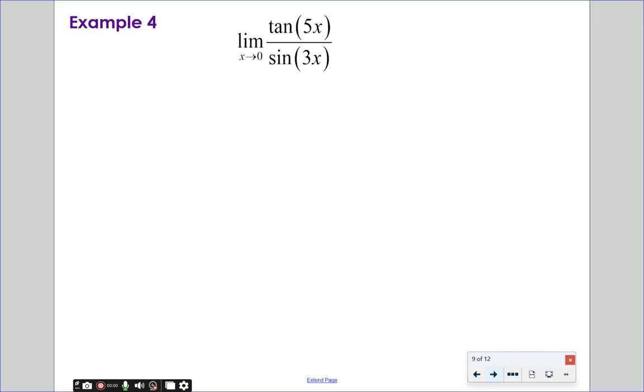Is there any other strategy that might work? We could make this sine of 5x over cosine of 5x. However, they have different arguments. So we actually can't simplify, but I like what you're thinking. I think we should do L'Hopital's rule.